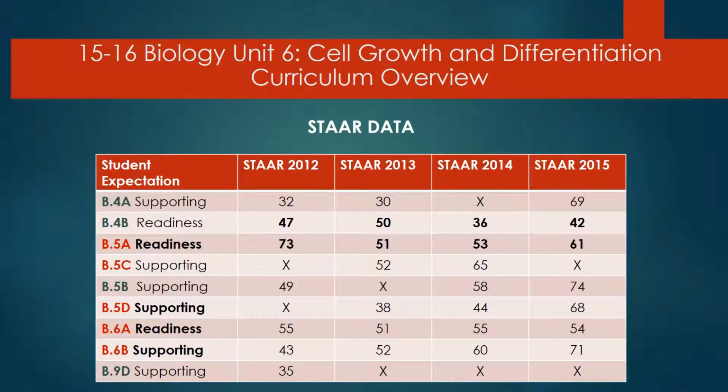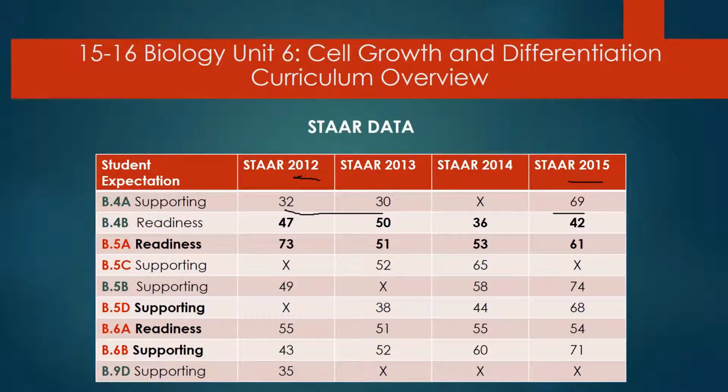And briefly, as you look at how the SEs were assessed on the STAR assessment from 2012 all the way to 2015, you'll notice that we have demonstrated growth each year in our supporting standards for the most part. For A, we went from a 32 to a 30 to a 69.